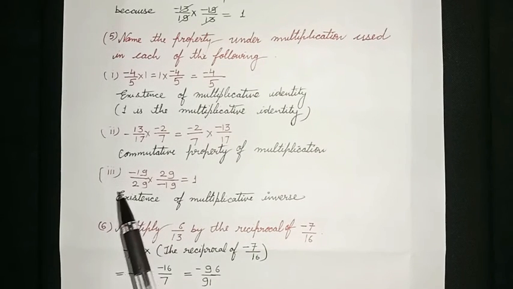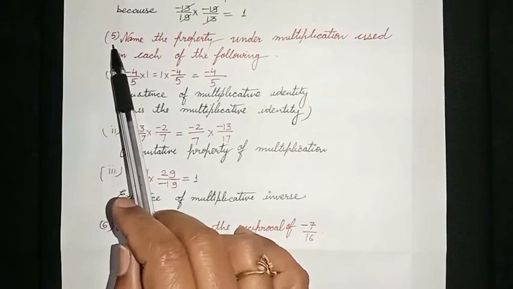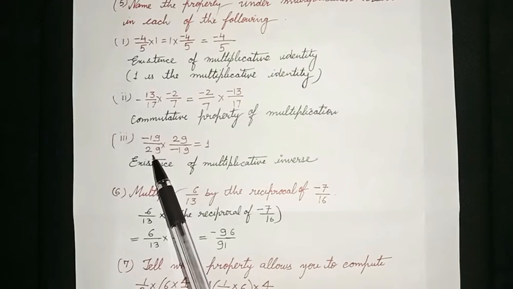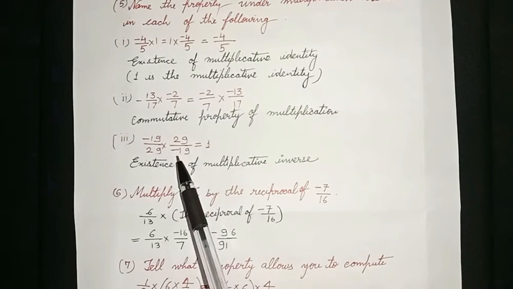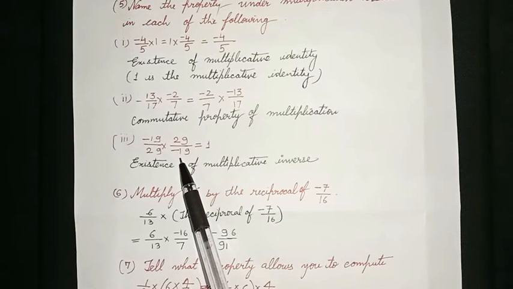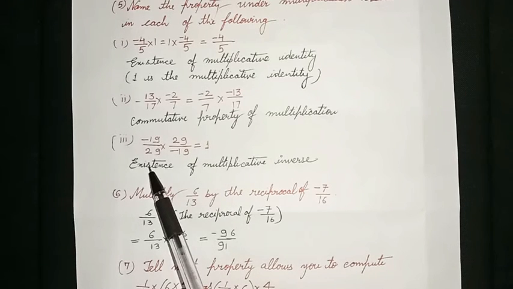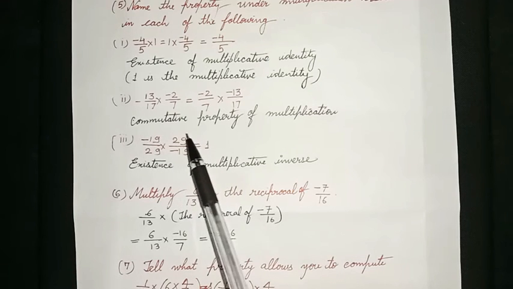Now the third part of question number 5: minus 19 upon 29 into 29 upon minus 19 is equal to 1. Just now in question number 4 you have used this property.